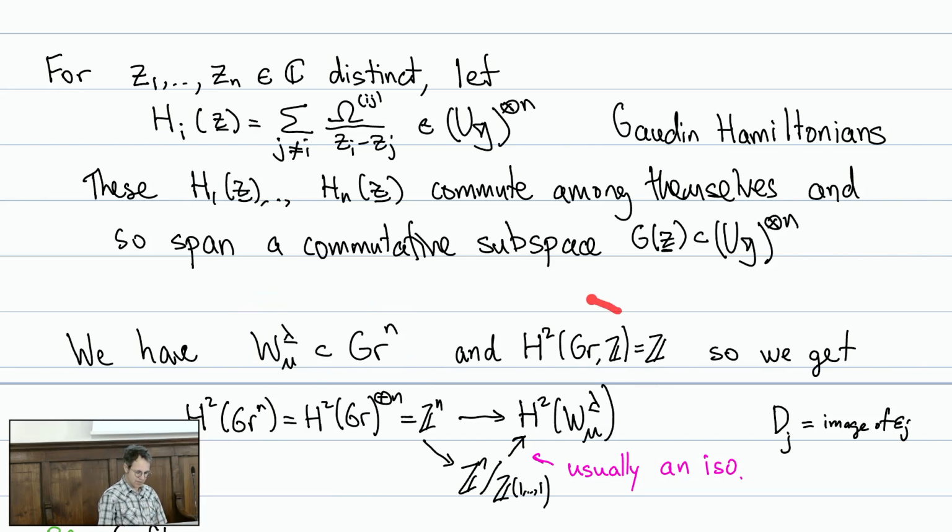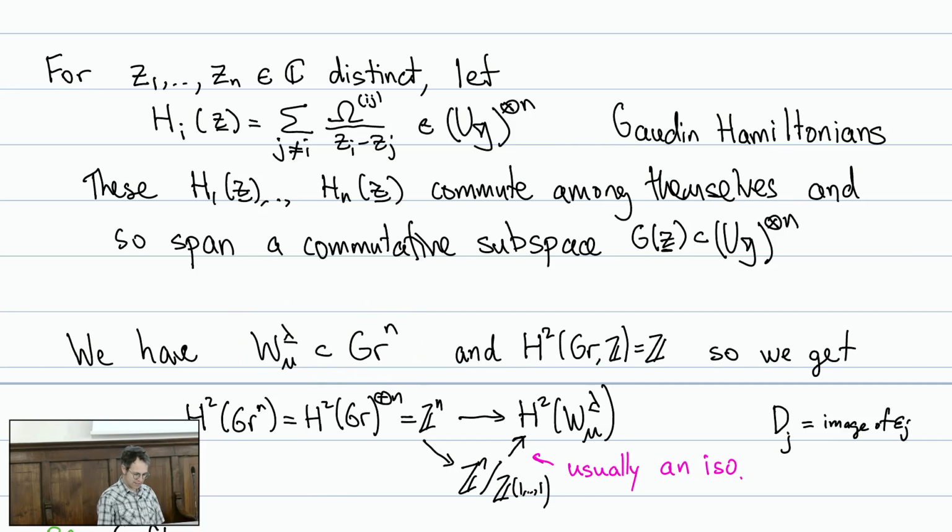The H2 of the affine Grassmannian is isomorphic to Z. Again, I'm assuming that G is simple.